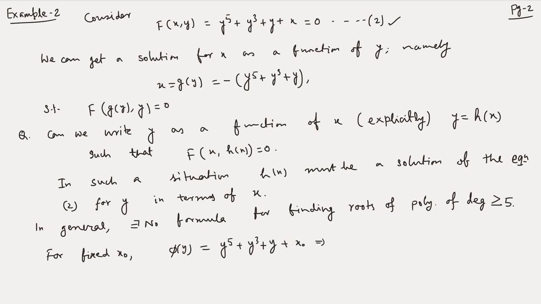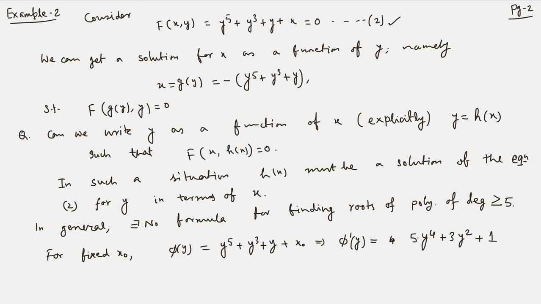So this implies the ordinary derivative of phi is equal to 5 times y power 4 plus 3 times y power 2 plus 1.